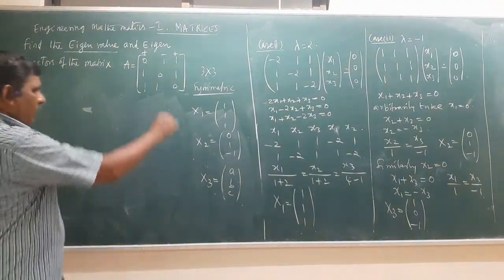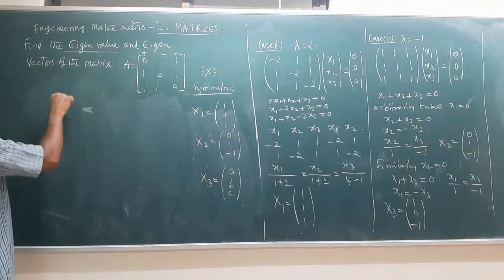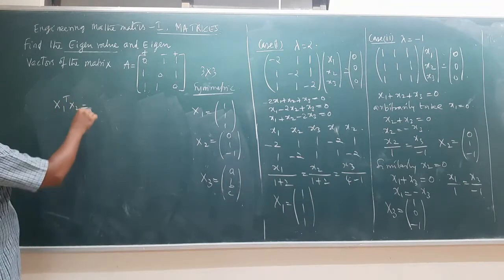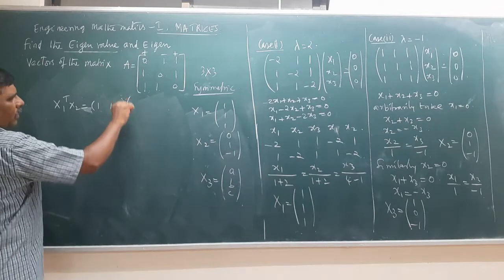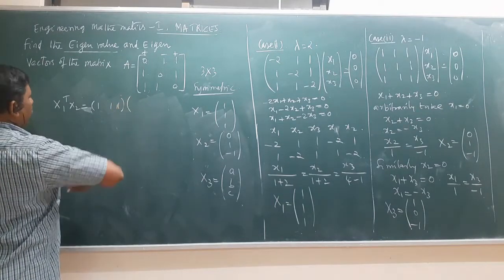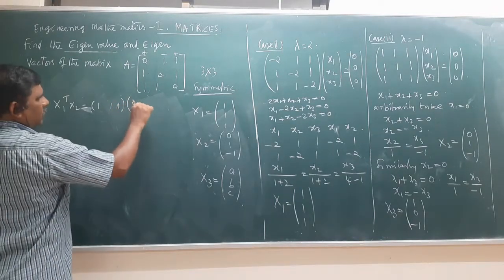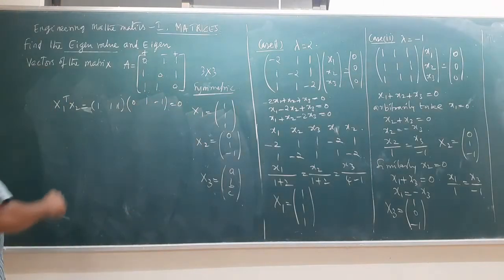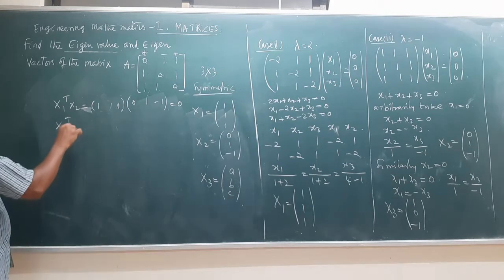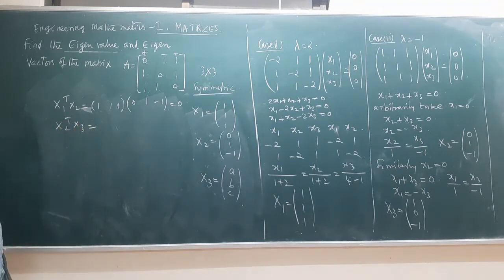Then x1 transpose x2 is 1, 1, 1 with 0, 1, minus 1, which is equal to 0. But what is x2 transpose x3 for a real symmetric matrix? It is orthogonal.